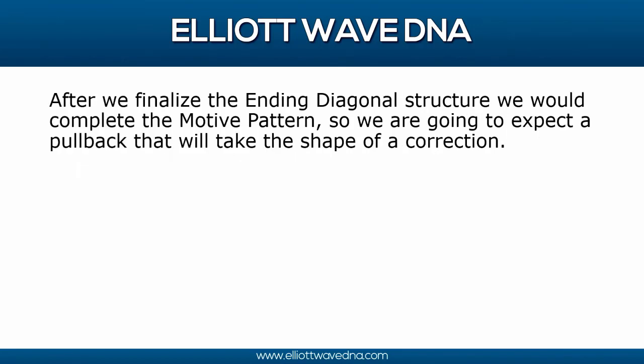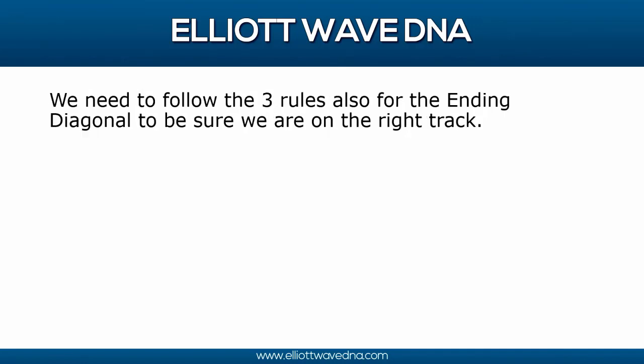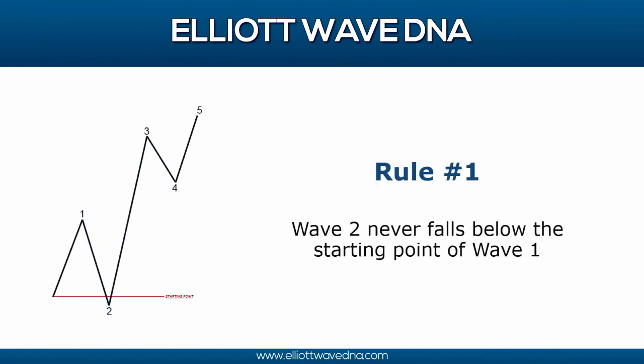After we finalize the ending diagonal structure, we would complete the motif pattern, so we are going to expect a pullback that will take the shape of a correction. We need to follow the 3 rules also for the ending diagonals to be sure we are on the right track. Rule number 1: wave 2 never falls below the starting point of wave 1.